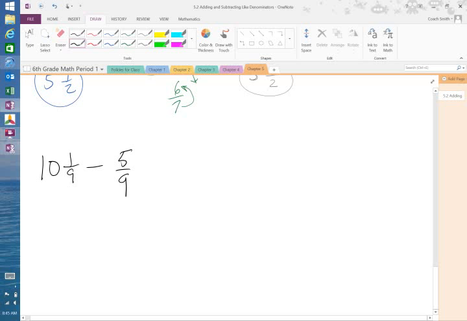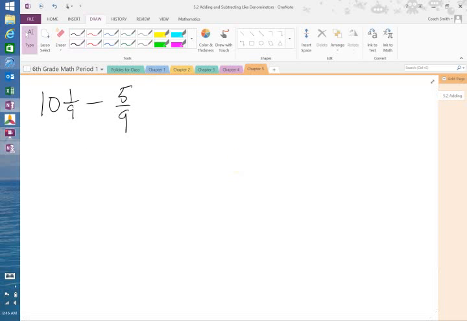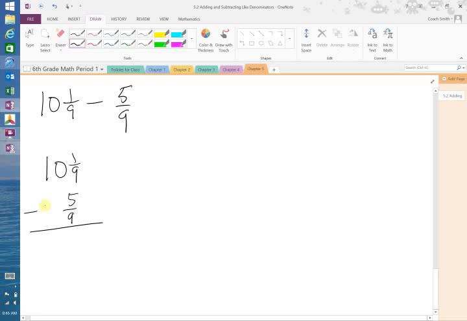All right, you have 10 1/9 minus 5/9. Once again, I'm going to put them vertically, like that. So there's a 0 right here. Now, can you take 1 minus 5? No. So I have to borrow from the 10, making it a 9.